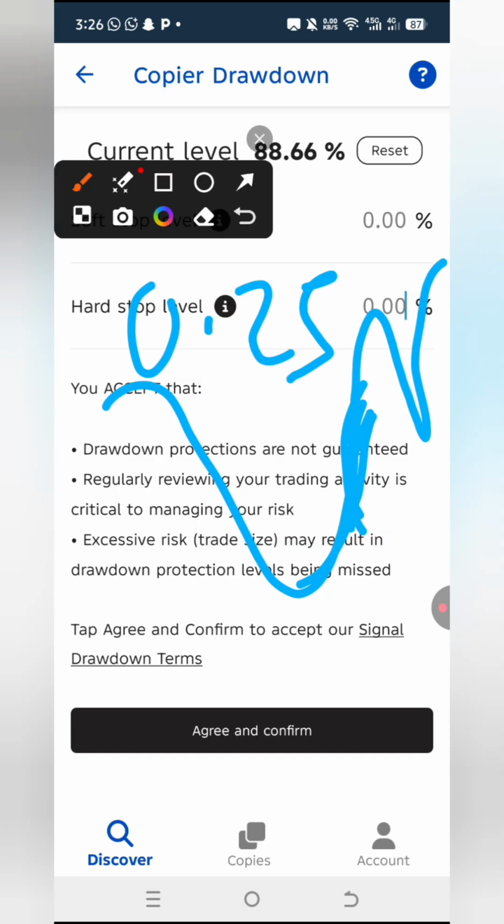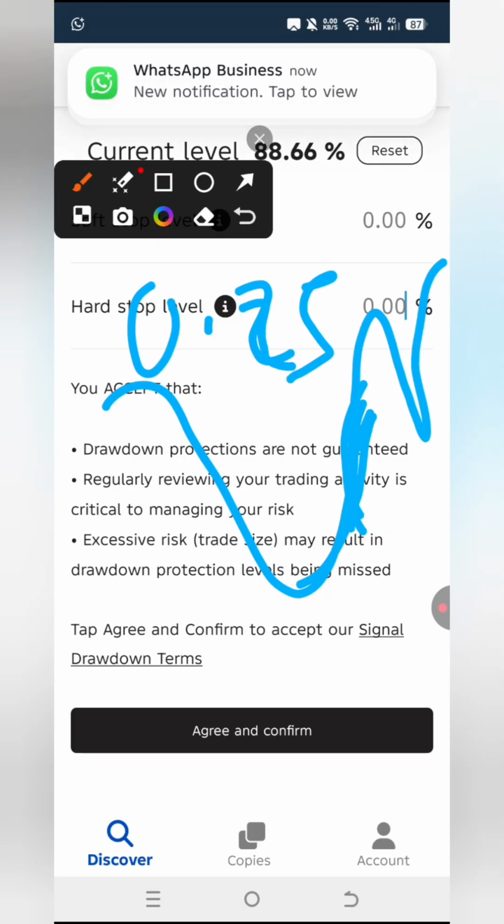Then I'm not expecting you to even get to a 50% stop loss. You understand? Even 30%, you might never get there.